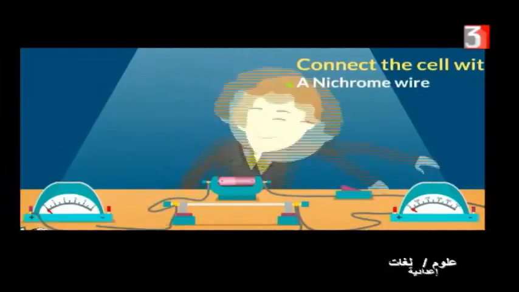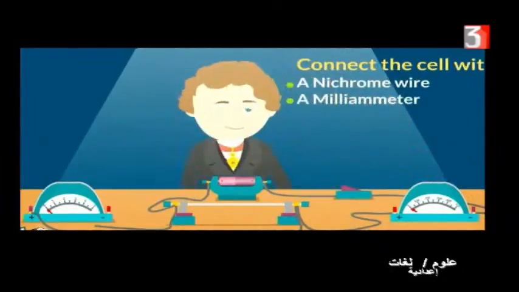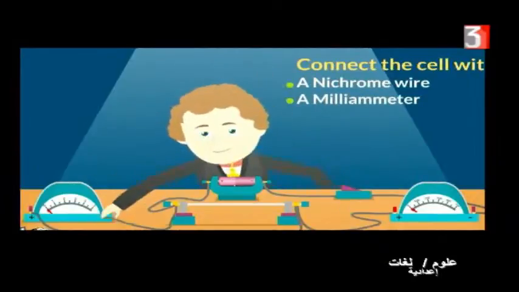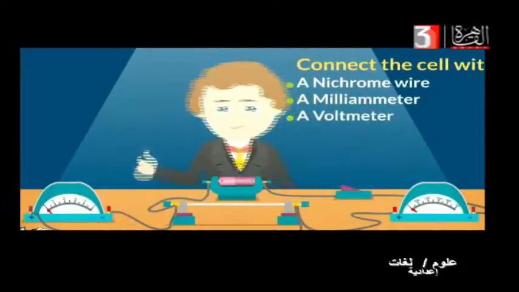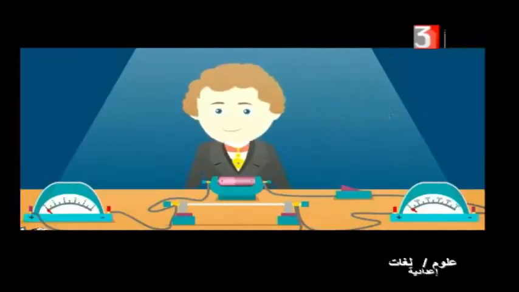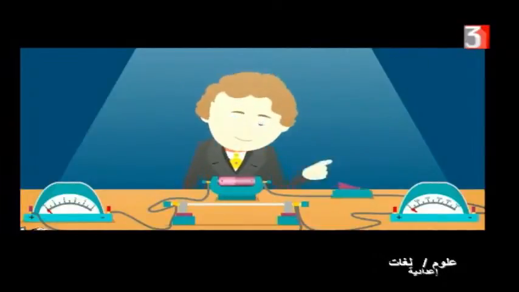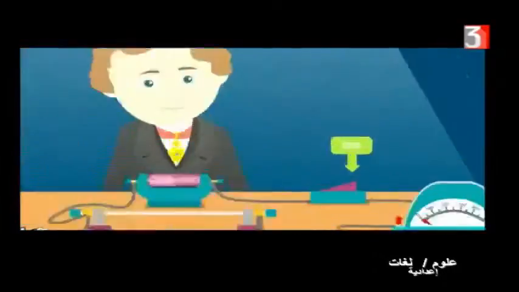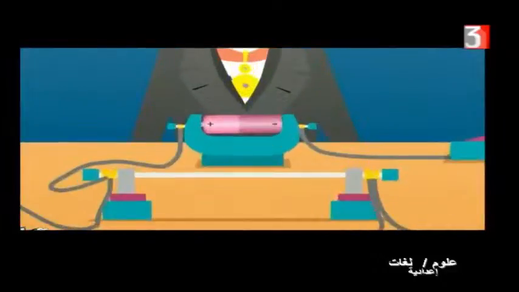Here we want to change the value of electric current intensity and potential difference to know the relation between them. We use just one battery. Make the switch on and look carefully.